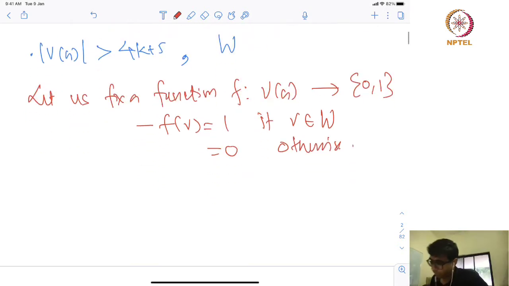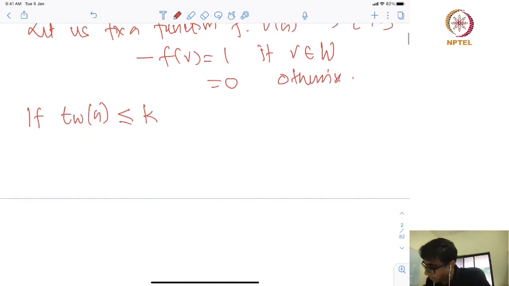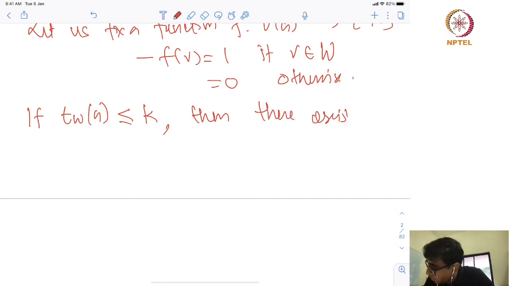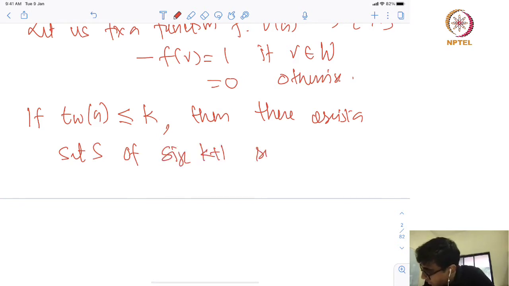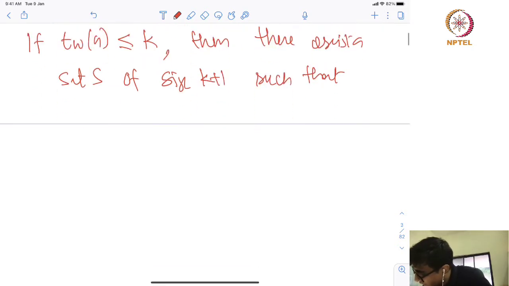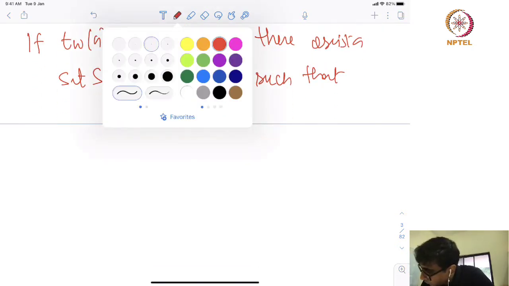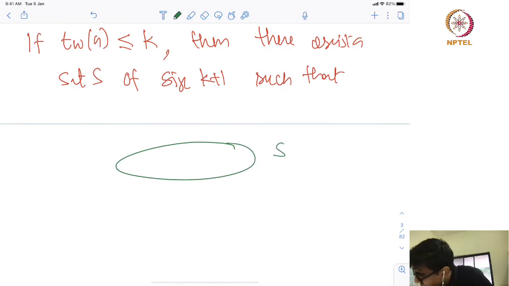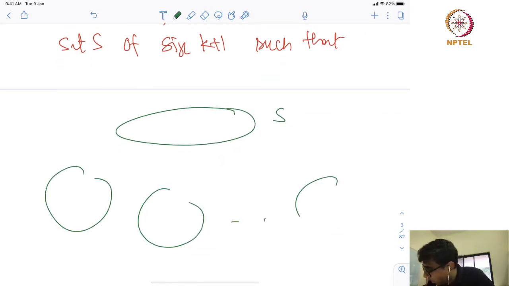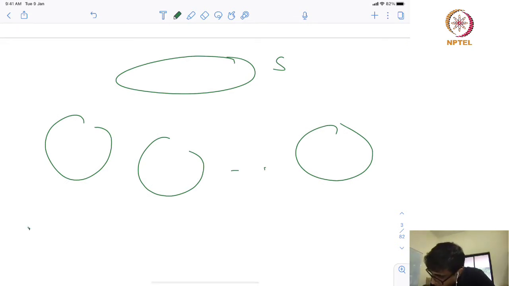And we know that if the tree width of G is at most k, then there exists a set S of size k plus 1 such that every connected component C1 to Cm of G minus S satisfies that Ci intersection W is upper bounded by |W|/2.